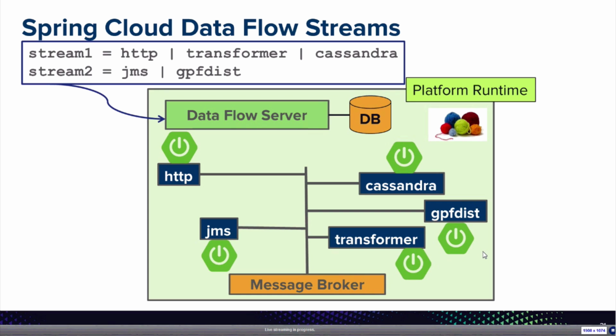Whereas with the Cassandra sink, we might want to scale that up to scale our writes, because writing to Cassandra is probably more of a bottleneck than consuming inbound HTTP requests.